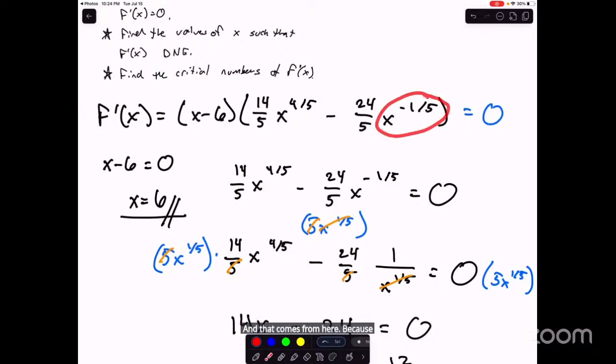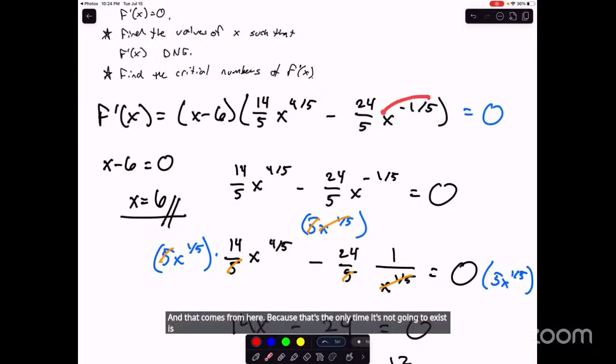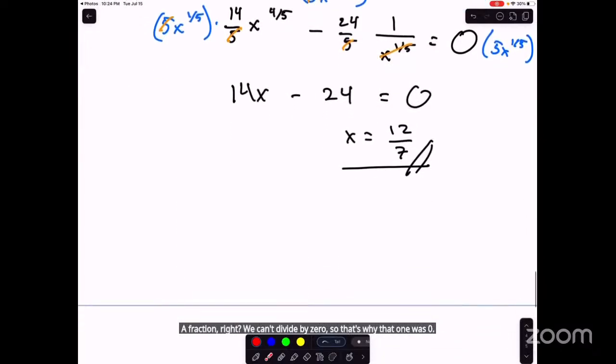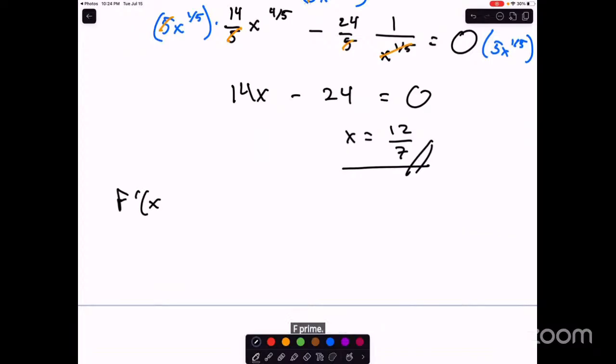That's the only time it's not going to exist in this case because you're dealing with a fraction, right? We can't divide by 0, so that's why that one was 0. So then we write something like f prime does not exist when x equals 0, right?